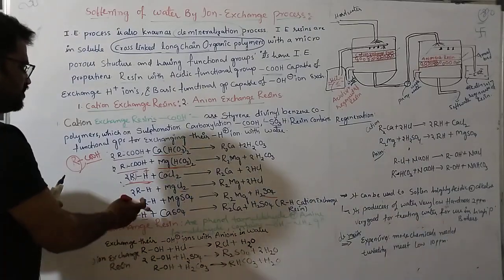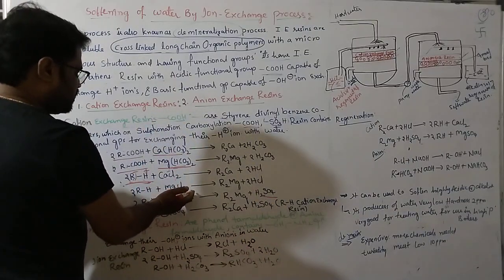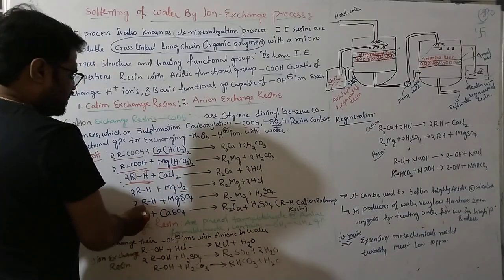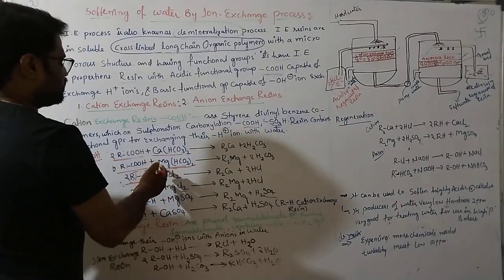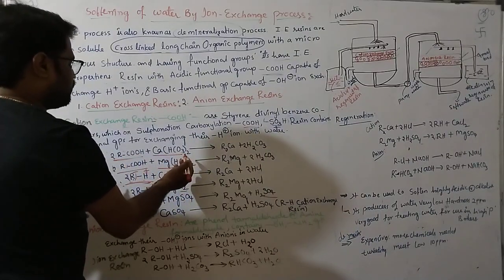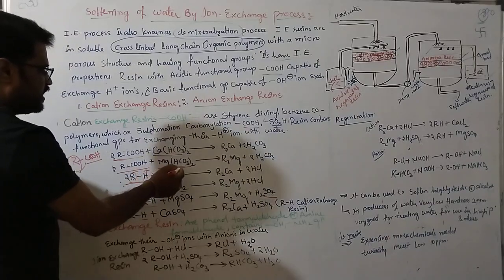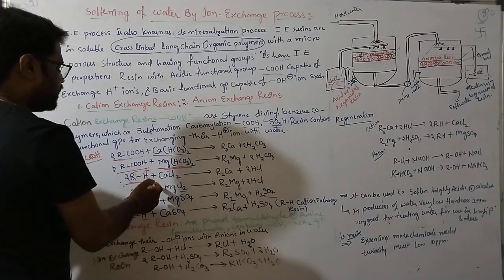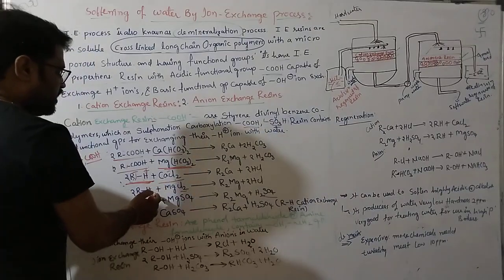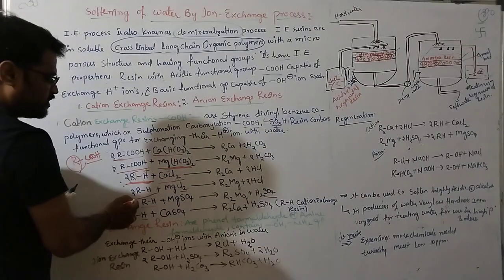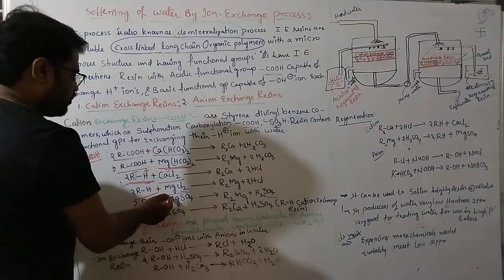That is RH. Here RH, the resin containing acid, reacts with MgCl2.